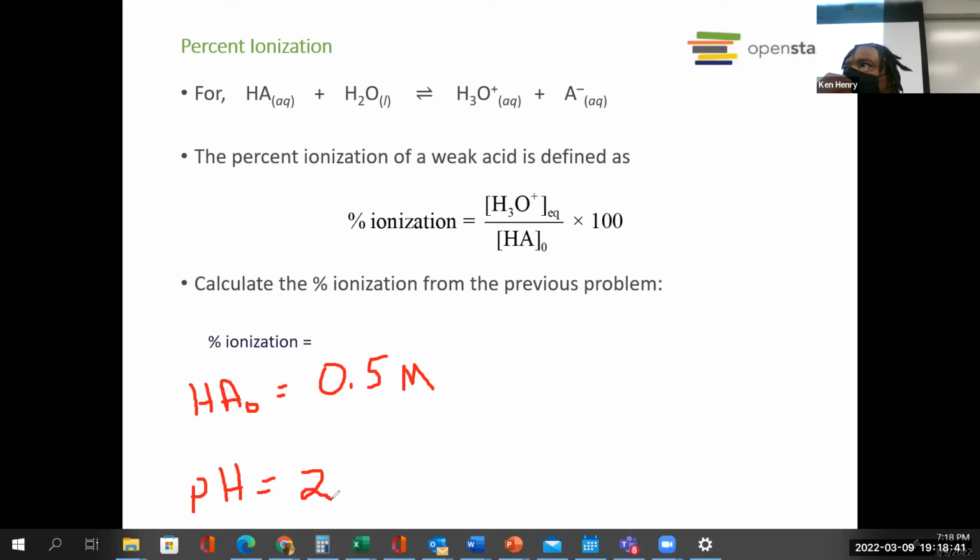What is the percent ionization? So pH of 2 at equilibrium.